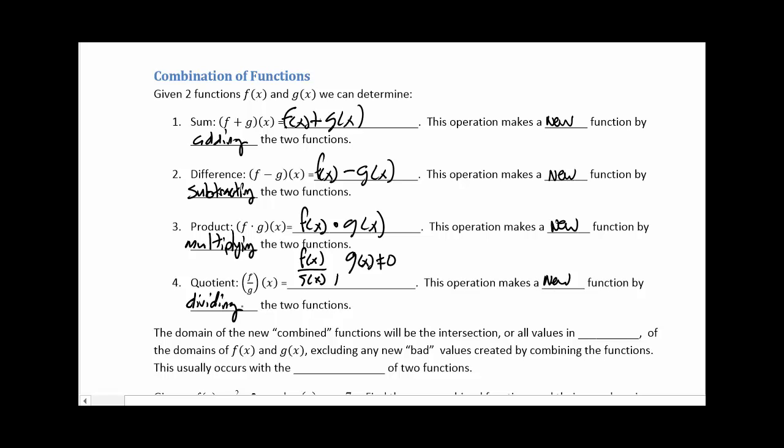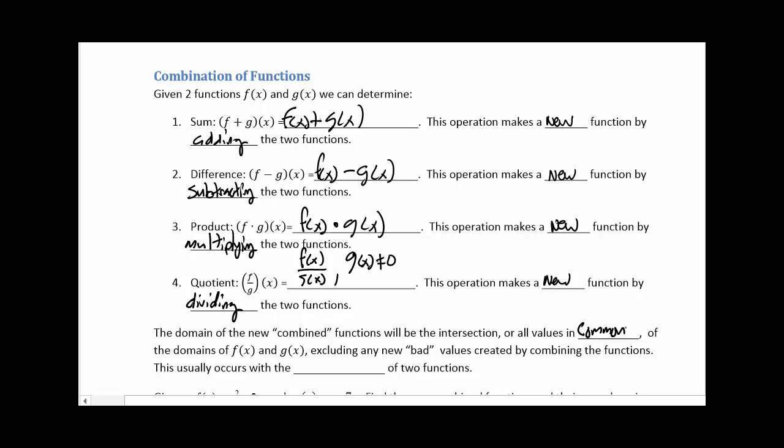The domain of these new combined functions will be the intersection, or all values in common. In other words, they have to satisfy f and g in order for it to be part of the domain. So if there's any restrictions that occur in any piece, then we would want to exclude those given our domain statements. So anyways, all values in common of the domains of f of x and g of x, excluding any new bad values created by combining.